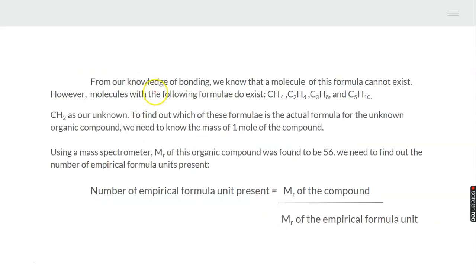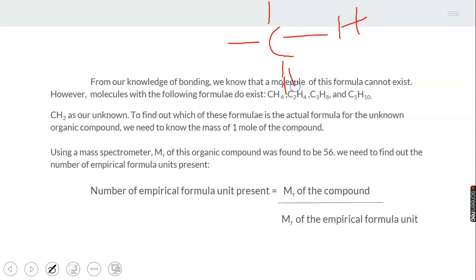From our knowledge of bonding, we know that a molecule of this formula cannot exist, of course, because carbon at any point in time must be bonded to 4 atoms. So that means you can't have just 2H. There's still some gap missing.